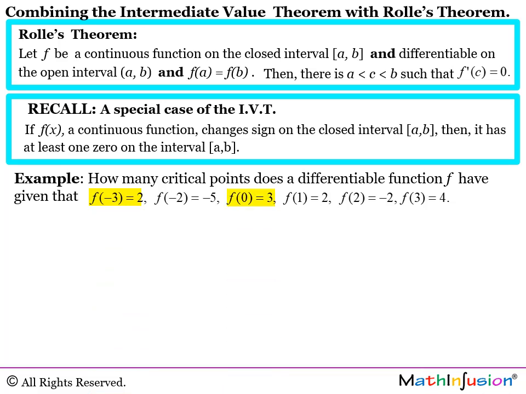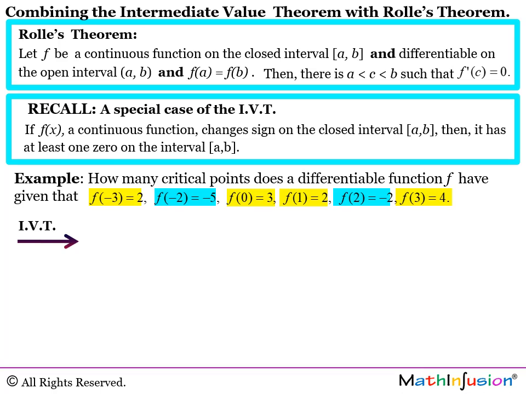I highlighted in yellow all the values of the function which are positive, and in blue the ones that are negative. I'm going to start by applying this special case of the IVT, the intermediate value theorem. Every time that a function changes its sign, because it is a continuous function, there must be at least one 0.